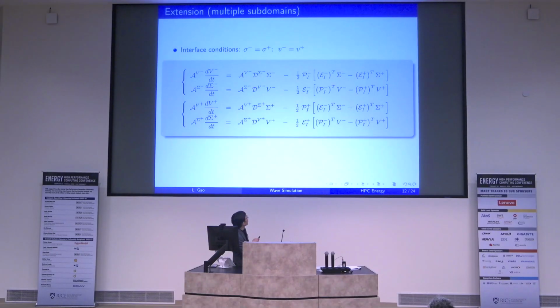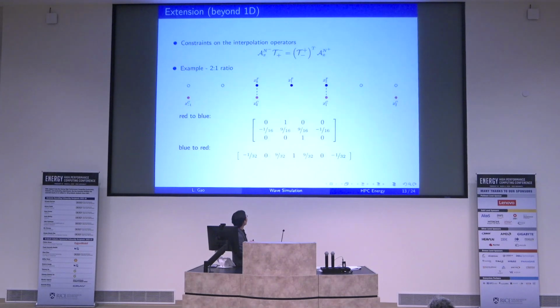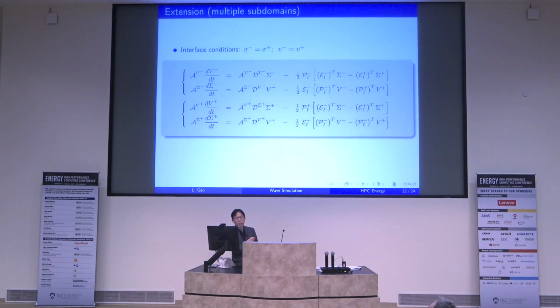So when you have multiple subdomains, instead of the boundary condition, you impose the interface condition through the penalty terms here. If you do things this way, the energy would be conserved across the interface.